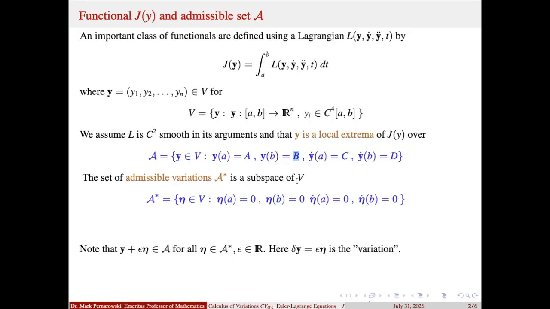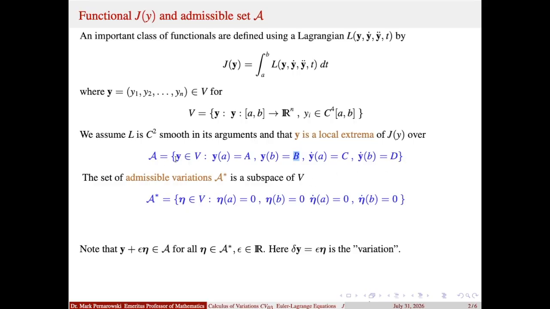But in addition, we're now going to stipulate that the t derivatives of y at the endpoints are fixed as well. It is actually somewhat arbitrary how you define A. It just depends on what type of problem you're looking at. We're just going to look at this kind of a problem, and there's a real world example which pertains to it.